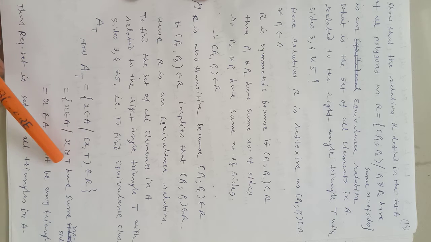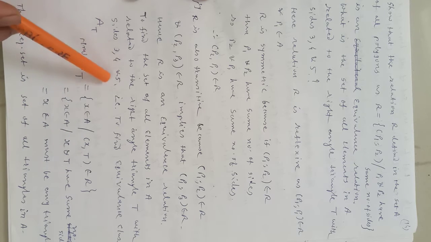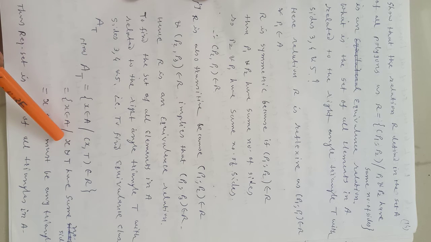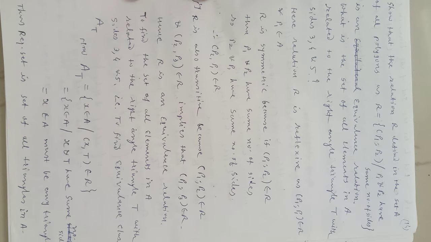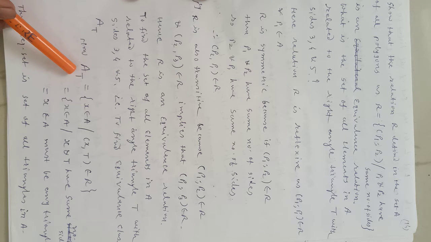Now, out of x and T, you know about T. T has 3 sides, so x also has 3 sides. This means x belonging to A must be a triangle. Am I right? Are you clear or not? Think about this. Again, I repeat.